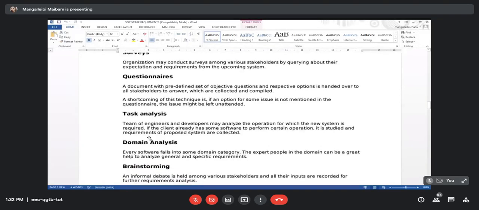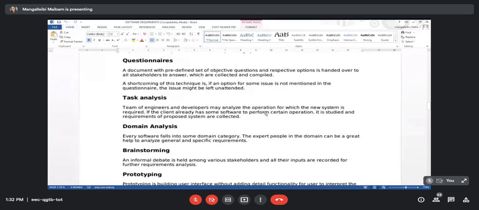And task analysis is analyzing what kind of operations we will be performing. And domain analysis is also the same. There will be some expert people in the domain, and they are going to analyze the requirements.